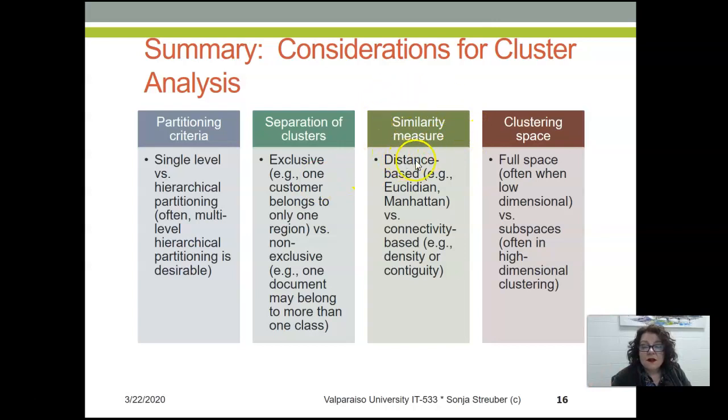We want to know and determine what similarity measure we are going to use, what distance measurement we're going to use, Euclidean, Manhattan or so, and we want to understand how we want to use our clustering space, whether we want to really use our full clustering space, that is all of our data, or whether we want to use subsets.